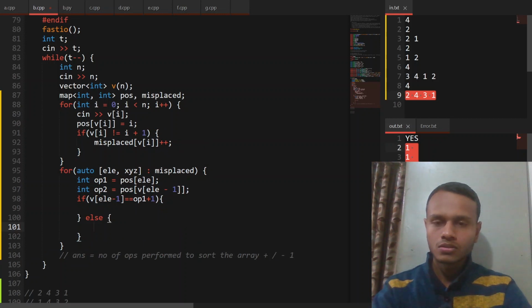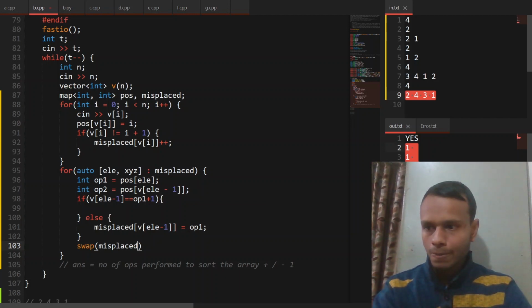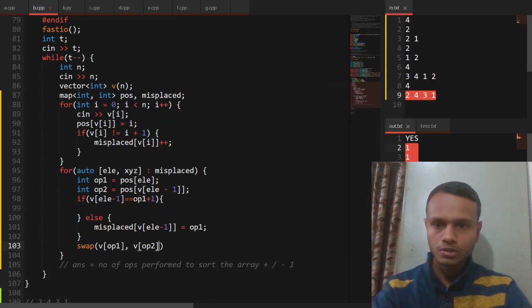Else, do misplaced of v of element minus 1 is equal to op1. Now swap both the elements, v of op1 and v of op2.